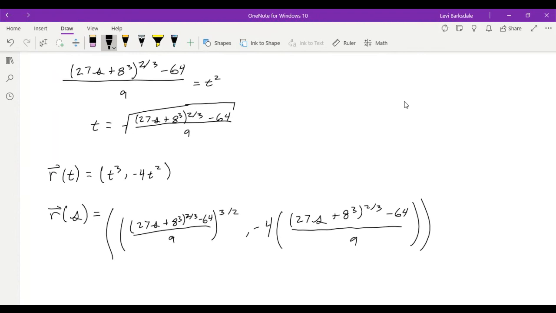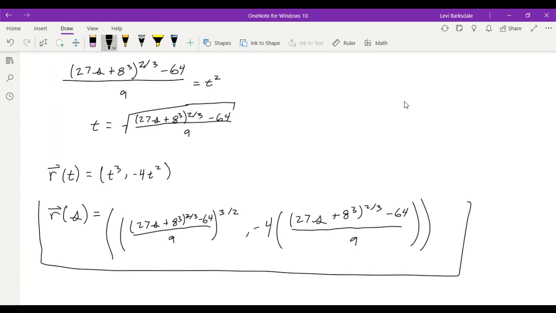And you might be thinking, why did we go through this big long process to make a function that looks way more complicated than our original one? Well, the arc length parametrization has a couple of advantages. The main one is it has a constant speed. So what that means is if you want to know the arc length when s is equal to 7, well, the arc length is equal to 7.